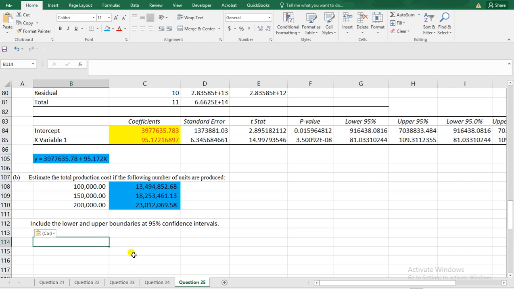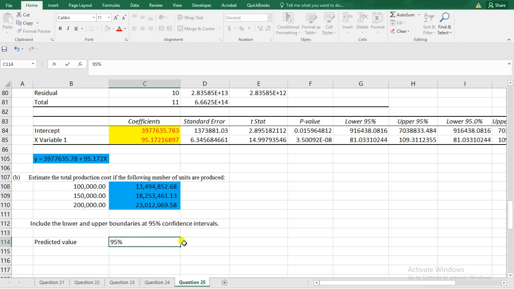So first, at this point, you can see I'm given a 95% confidence interval level. So the predicted value, basically, we have it at 95%.